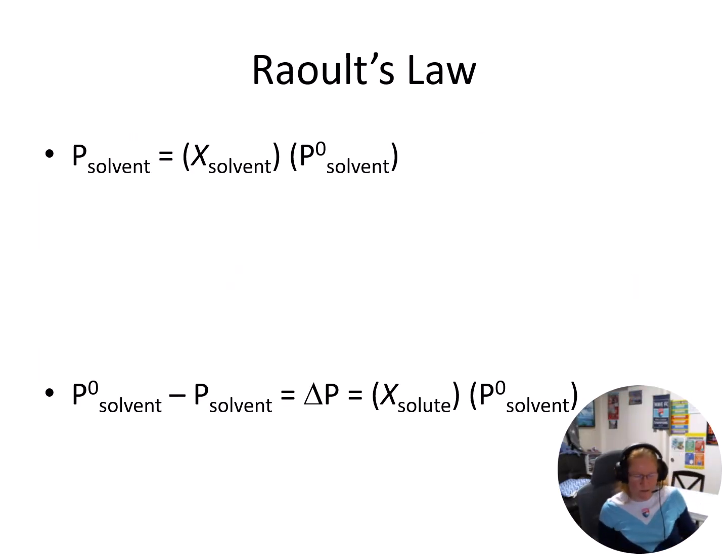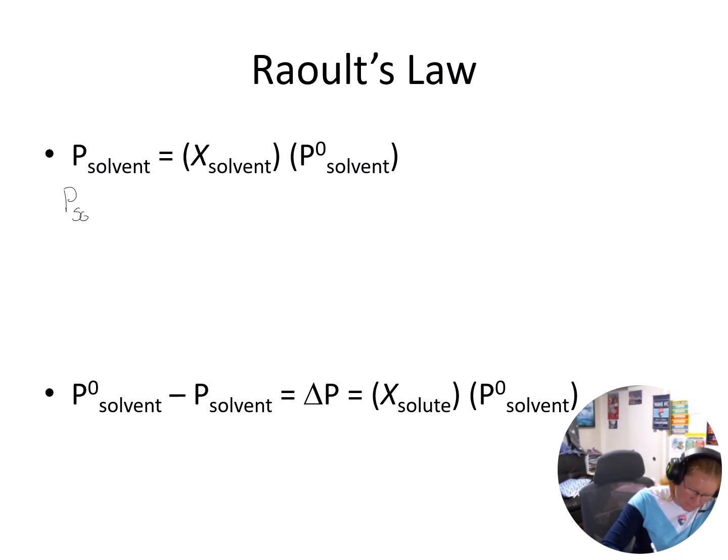So we have this thing called Raoult's law. Raoult's law lets us relate the pressure to the mole fraction, where the pressure of the solvent, without that naught symbol, is the vapor pressure of a solvent above a solution.